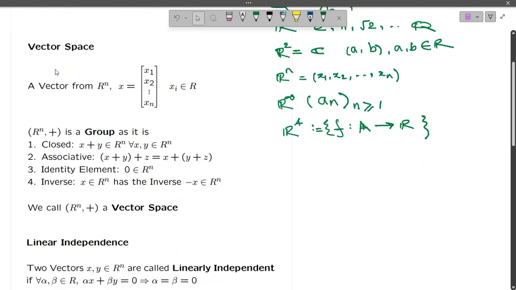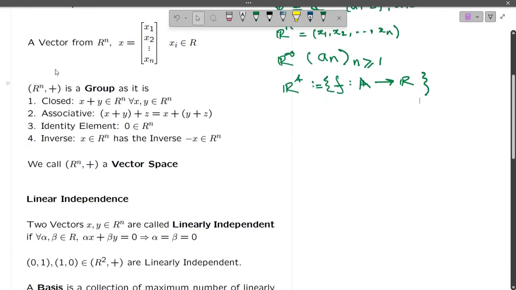Now Rn with the addition operation plus is a group, because as per the definition of group, that's an algebraic structure. Galois discovered it first, and group theory came into being. The group is closed: for two vectors x and y from Rn, x plus y is also in Rn.